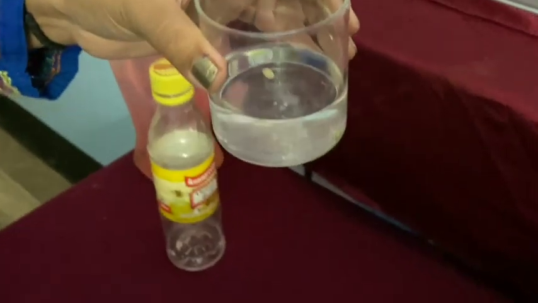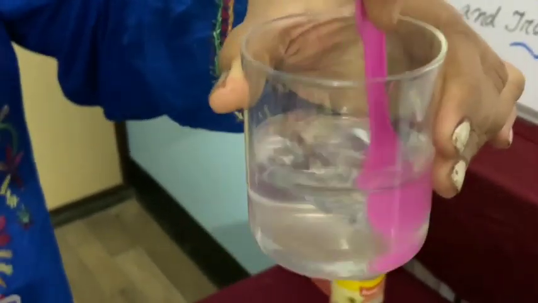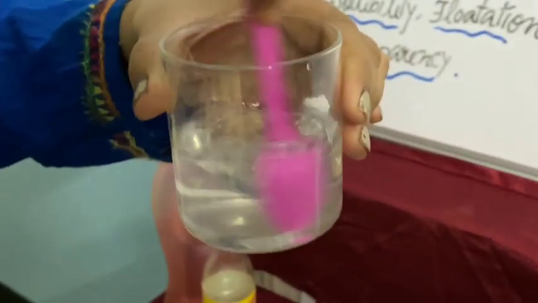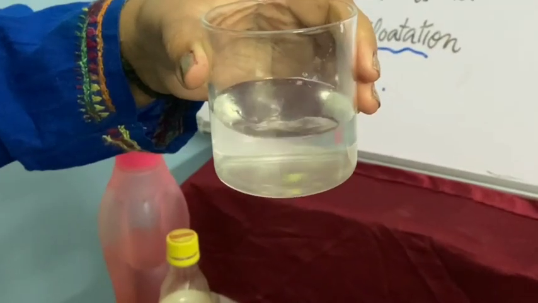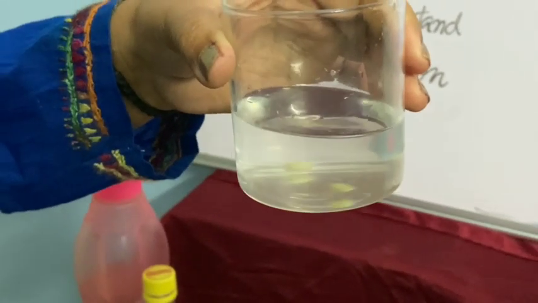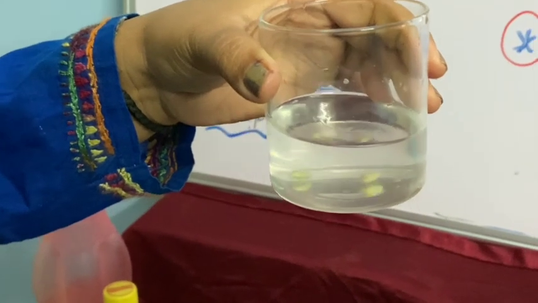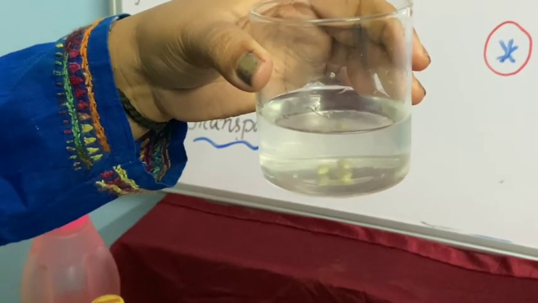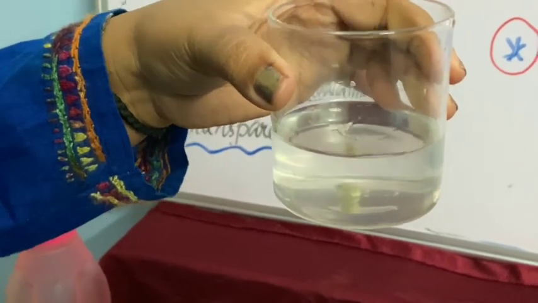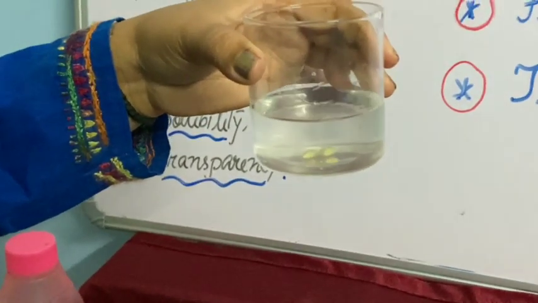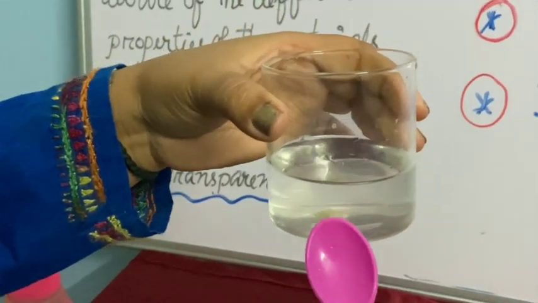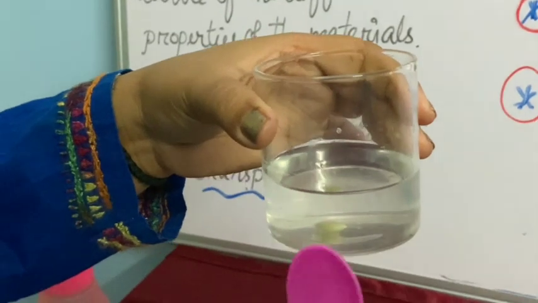Now let us stir it. Okay, let me stir. Please ignore the presence of the seeds. Now we can see that the lemon juice has uniformly mixed with this water.